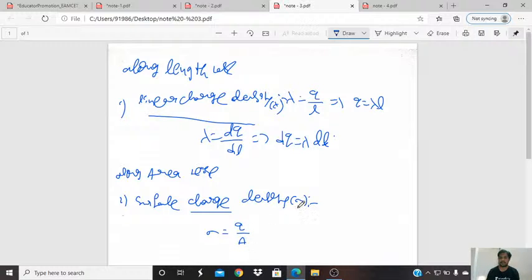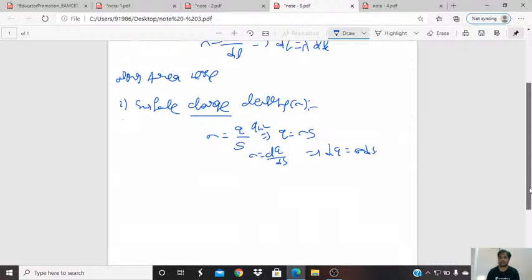You can take S also for surface area. The unit is Coulomb per meter square. So Q equals sigma S, or sigma equals dq by ds also for variable. So dq equals sigma into ds.